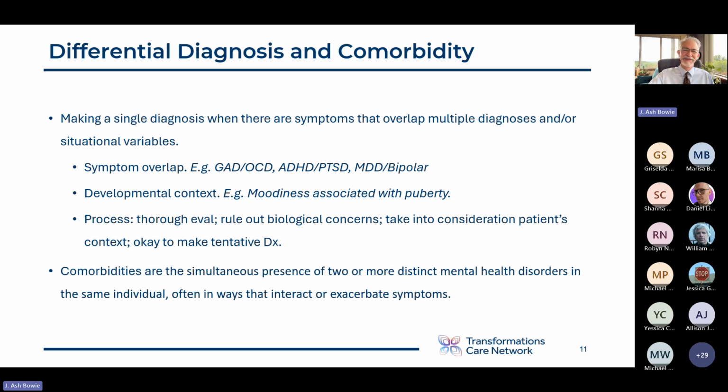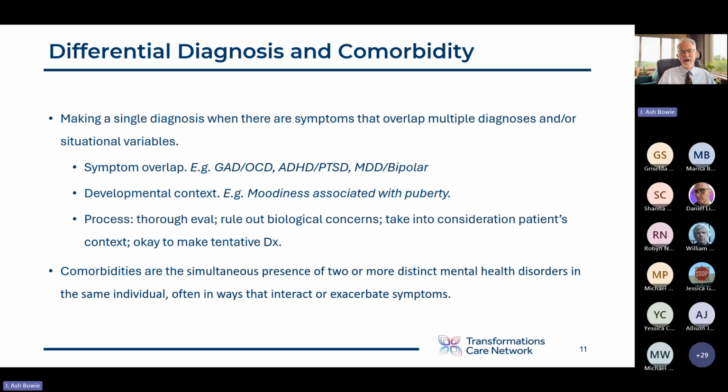That's actually appropriate developmental behavior. So it can take a fine-tuned eye to recognize the difference between a genuine mental health concern that requires treatment and what's just normal, ordinary developmental behavior.